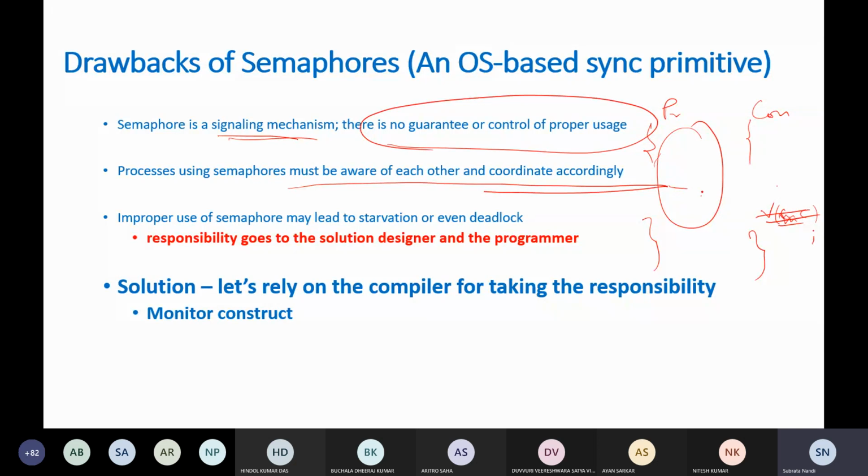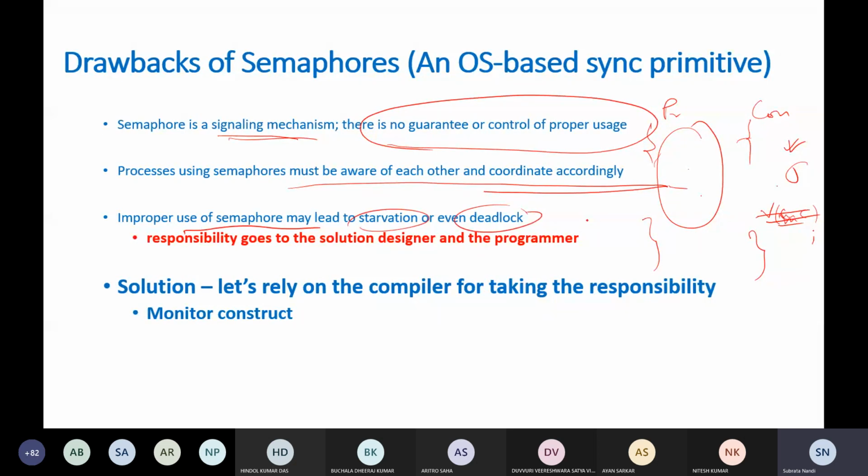If they are not written in a proper way, a bug in this particular process, which might have been written by some other programmer, might affect my performance. I might starve or get into a deadlock situation because of some bugs by you. So that's a big problem. The improper usage of semaphore may lead to starvation or even deadlocks.